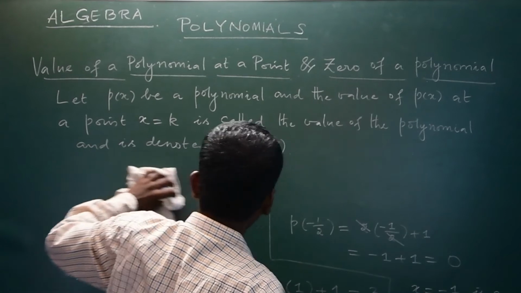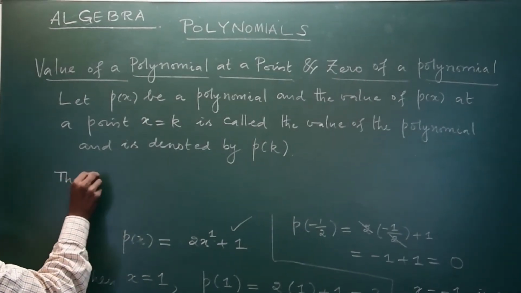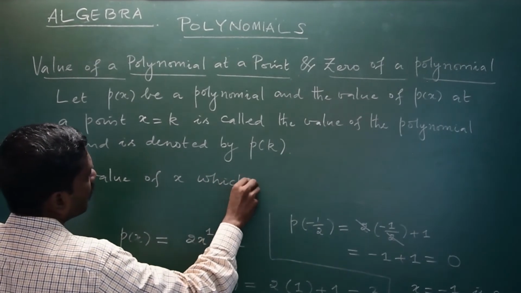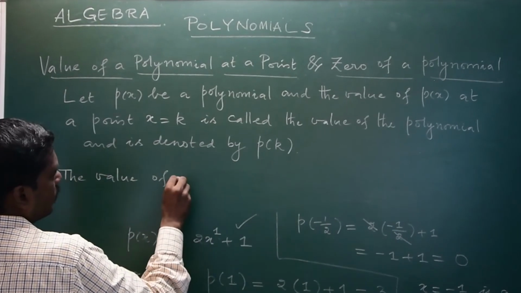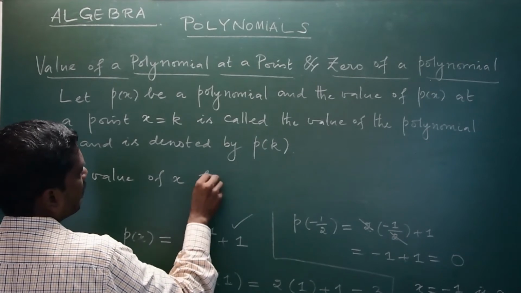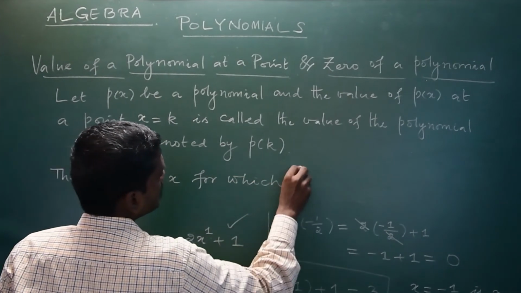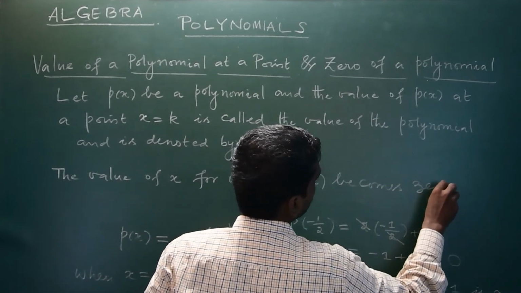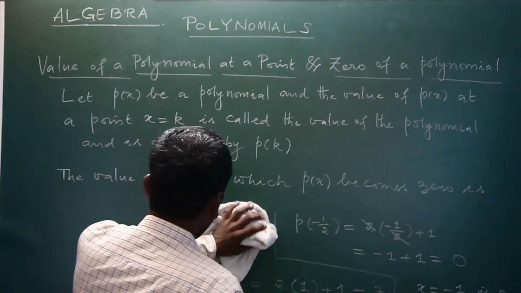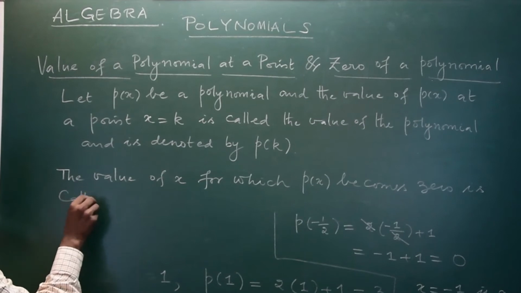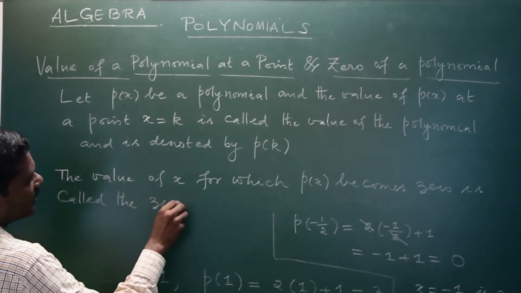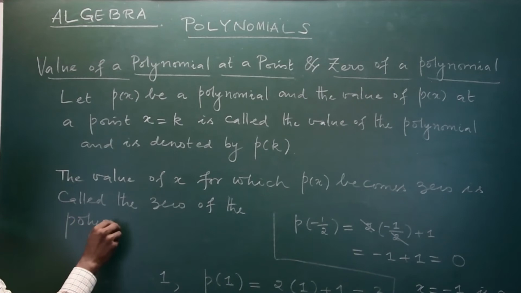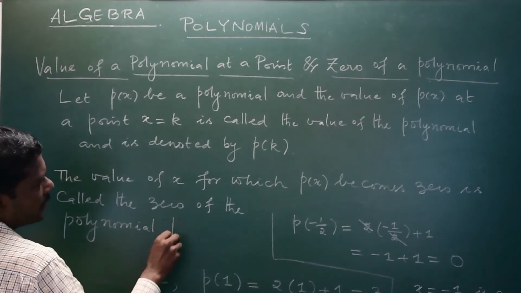Now we will define what is 0 of the polynomial. The value of x for which p of x becomes 0 is called the 0 of the polynomial p of x.